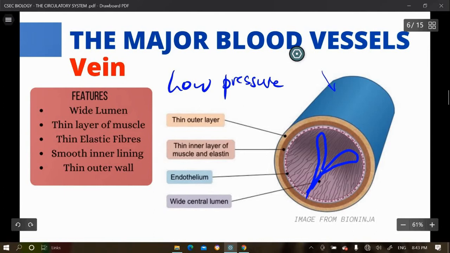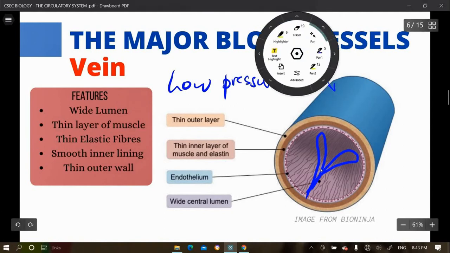The veins have valves to prevent the backflow of blood. Because blood is being pumped at such a low pressure in your veins, it's more likely that blood will backflow. So they'll show it in the veins.